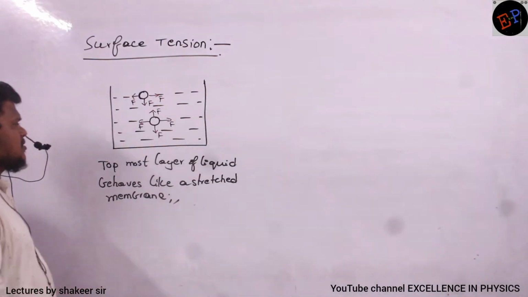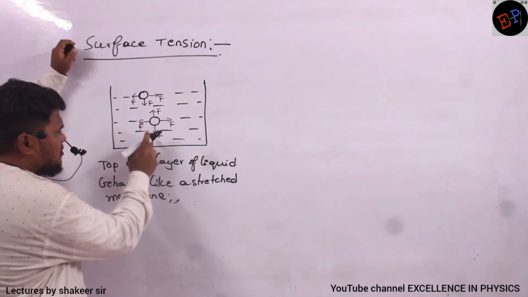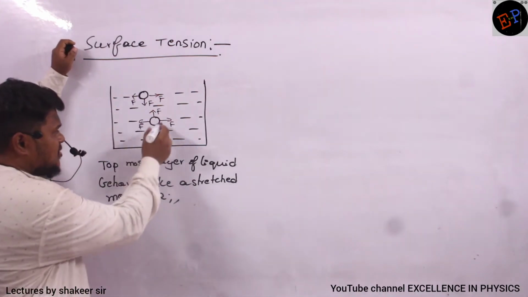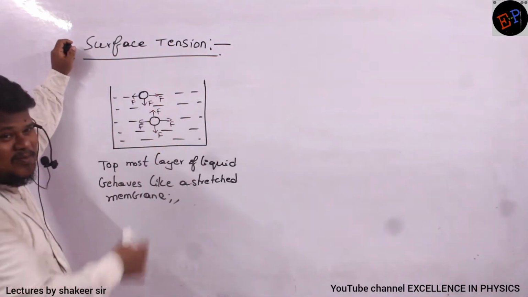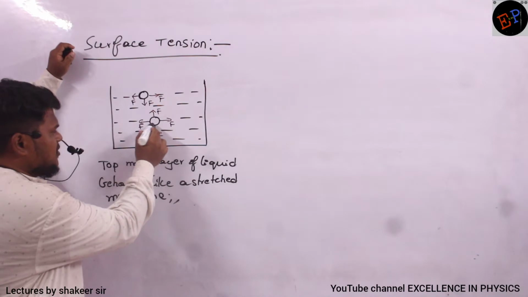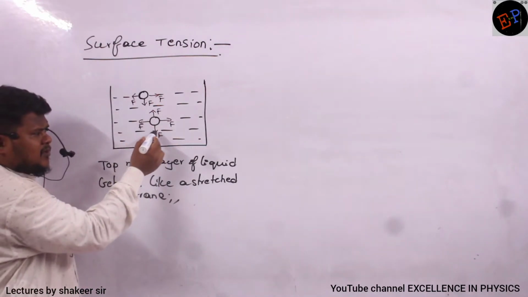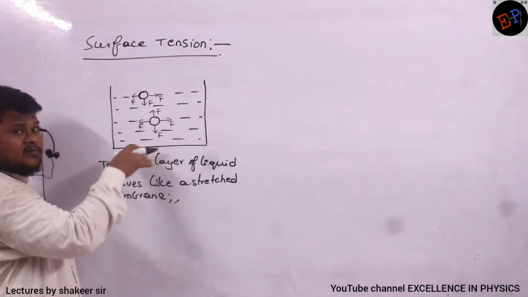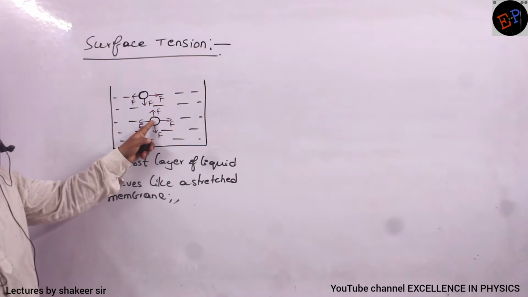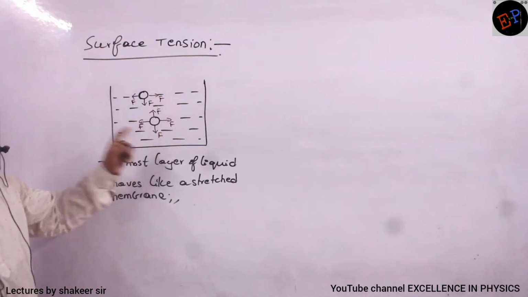Let us see. For example, we are taking two molecules of water. This is one molecule, this is another molecule. This is the water molecule which I am discussing here. This water molecule is present inside water, no? So it will experience forces from other molecules in every direction. It will be attracted by this molecule, this molecule, this molecule, this molecule.